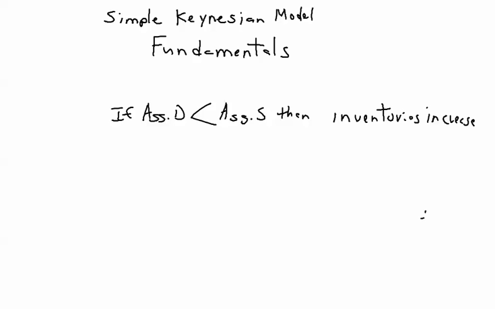Production supervisors will walk through the warehouse and see all that inventory increasing, and so they will lay off workers. And of course, when those workers get laid off, they won't get paid, so income will fall and the economy shrinks.